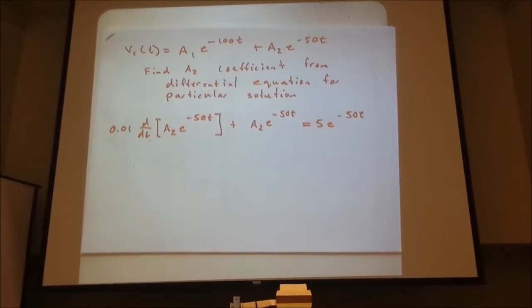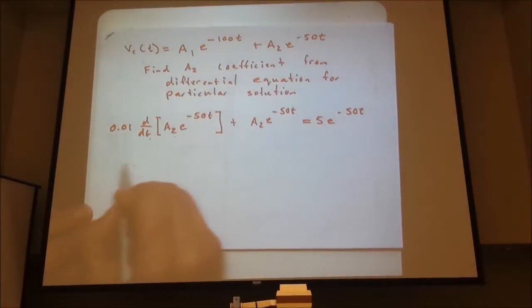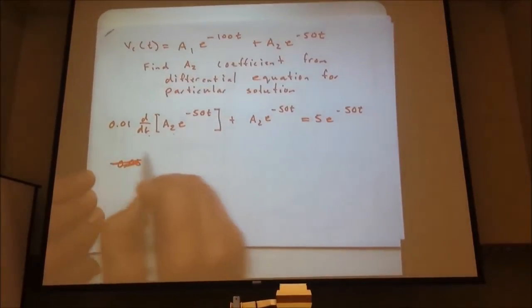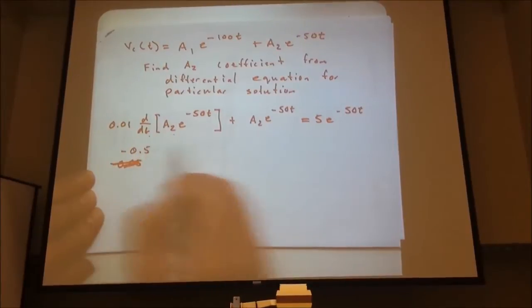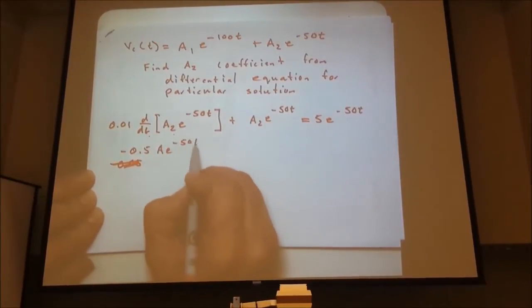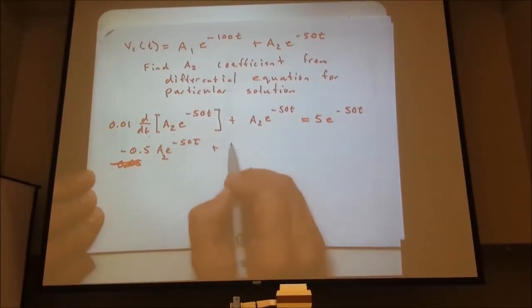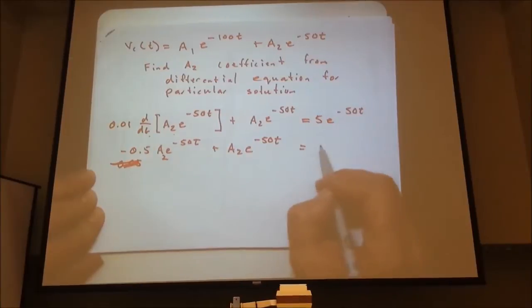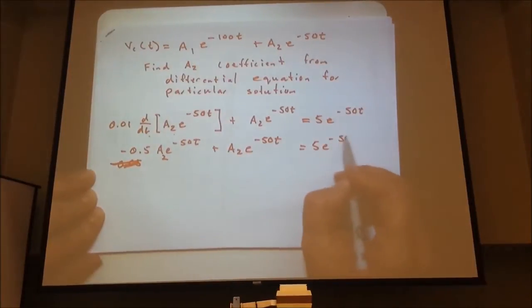So, one equation, one unknown now. We can multiply things out. Minus 0.05, not 0.5. Multiply it out correctly. A2 e to the minus 50t plus A2 e to the minus 50t equals 5 e to the minus 50t.